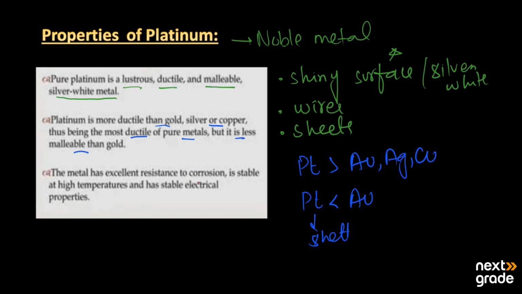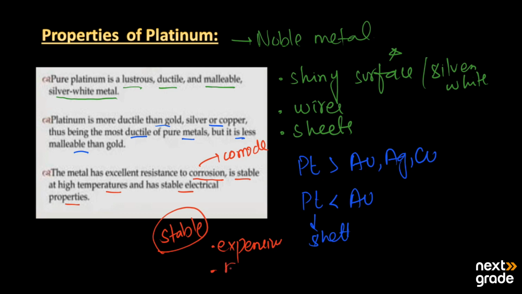This metal has excellent resistance to corrosion, meaning it does not corrode, and it is stable at high temperature and also has stable electrical properties. So it is the most stable metal that we have. That's why it is also very expensive, or we can say very rare. So that's why it has a lot of uses around us.